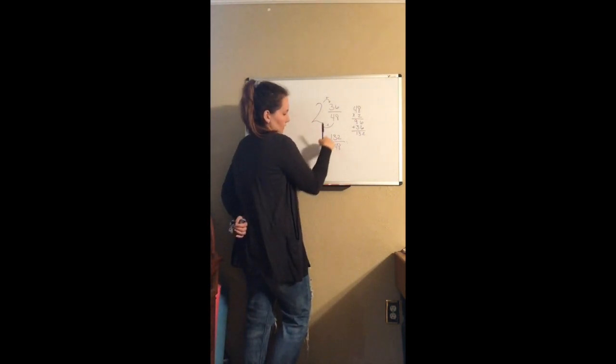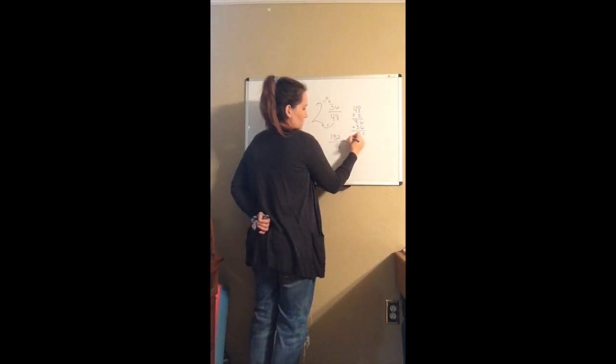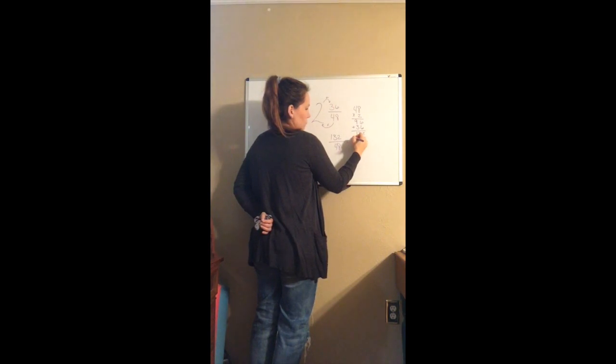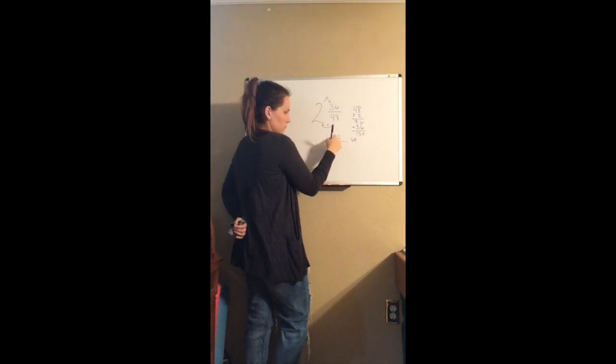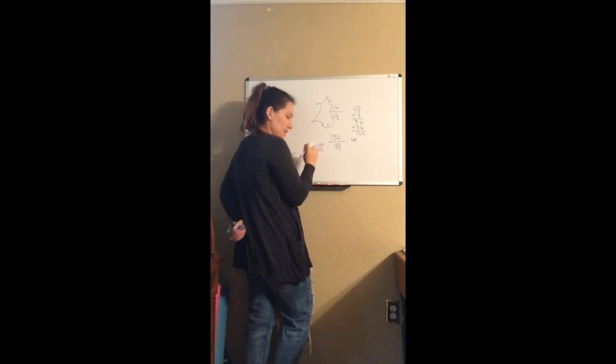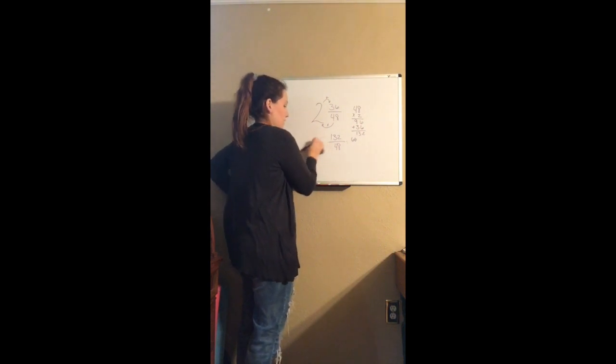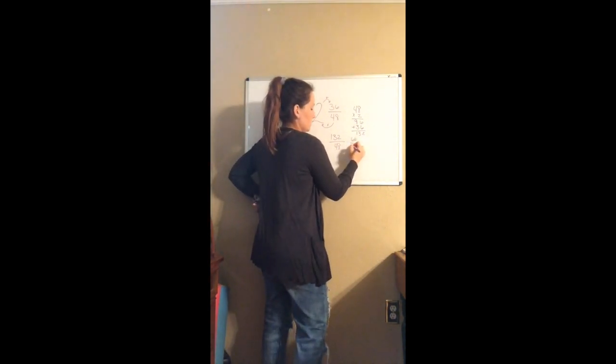So let's see what's divided by 2. Let's start with 132 divided by 2. 6 can go into that. So yeah, 66. And again, you can use your calculator. And this bottom number becomes 24.